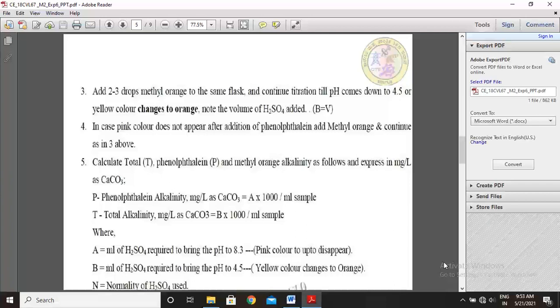T is total alkalinity in milligram per liter as calcium carbonate, which is B into N into 1000 per ml of sample. Where A is ml of H2SO4 required to bring the pH to 8.3, that is the pink color disappears, B is ml of sulfuric acid required to bring the pH to 4.5, that is yellow color changes to orange, and N is normality of sulfuric acid used.